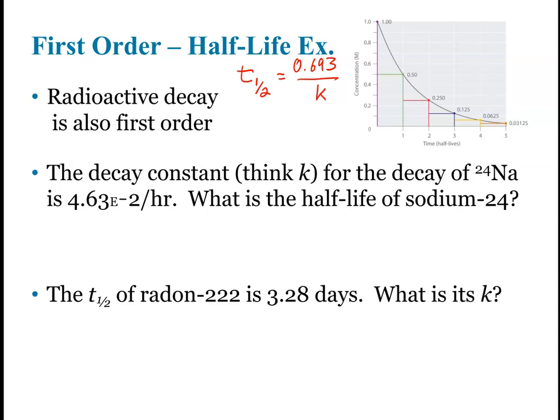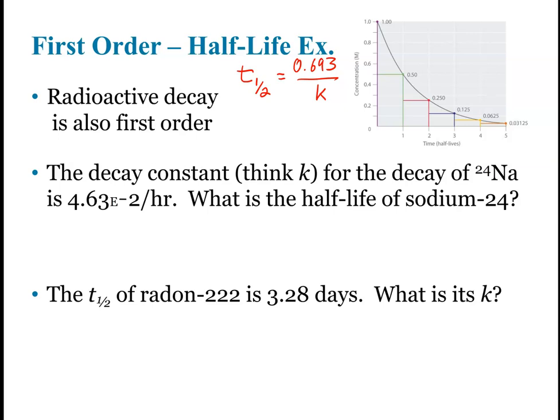Okay, so let's look at this example. It turns out that the radioactive decay of radioactive elements always follows first order kinetics. It's not a chemical reaction, it's a nuclear reaction, but the amount of time that it takes for half of a certain amount of a radioactive substance to decay into another substance follows first order kinetics.